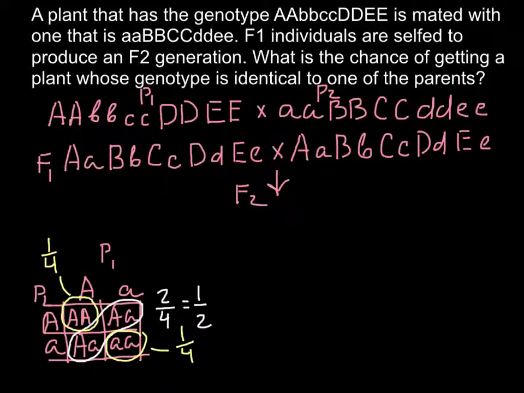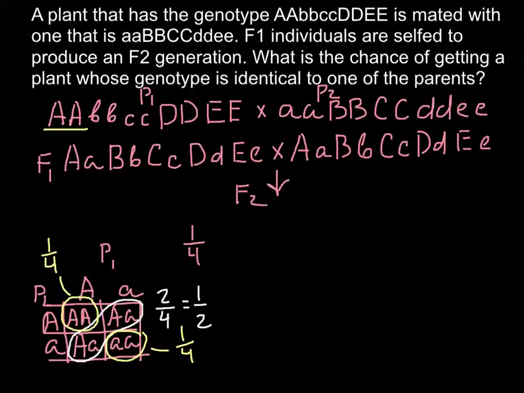So let's take a look now at our parents. So parent 1 has capital A here, and the question is, what is the probability that F2 generation plants would have the same genotype as any of the parents? Let's take a look at parent 1, for example. What is the probability that the first allelic pair would be capital A? As you see here, the probability would be 1/4. So let's put this probability 1/4 here for the first allelic pair.